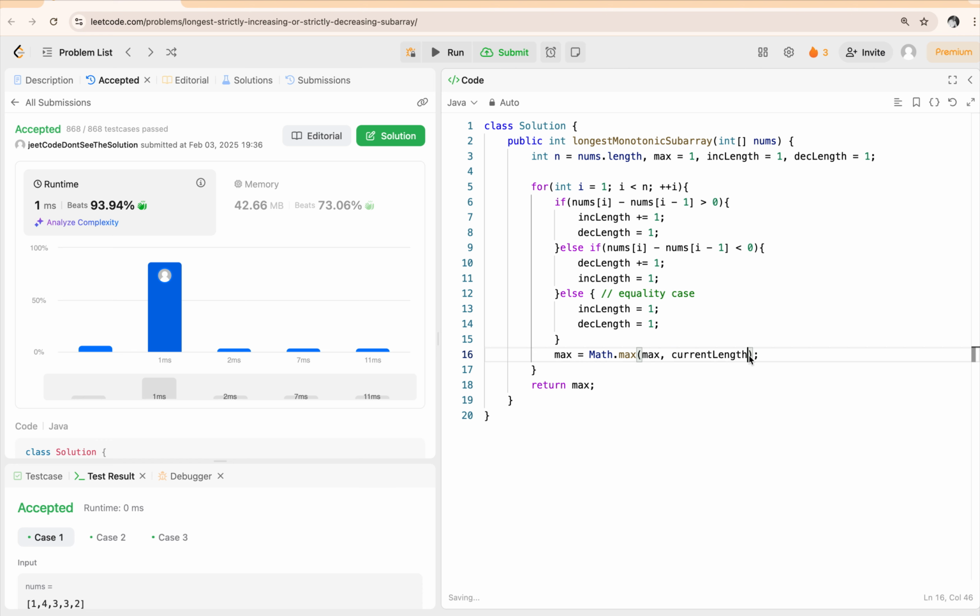And now instead of comparing just max and the current length, we'll compare the max with Math.max of the increasing length and decreasing length. So this is what is handling this.